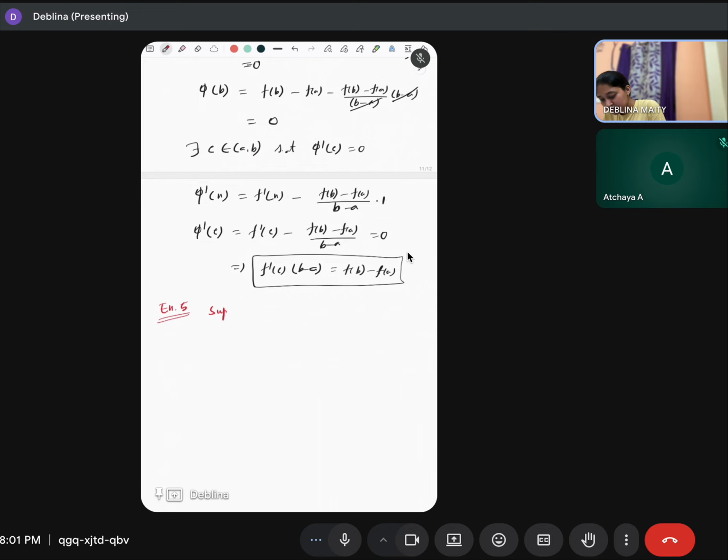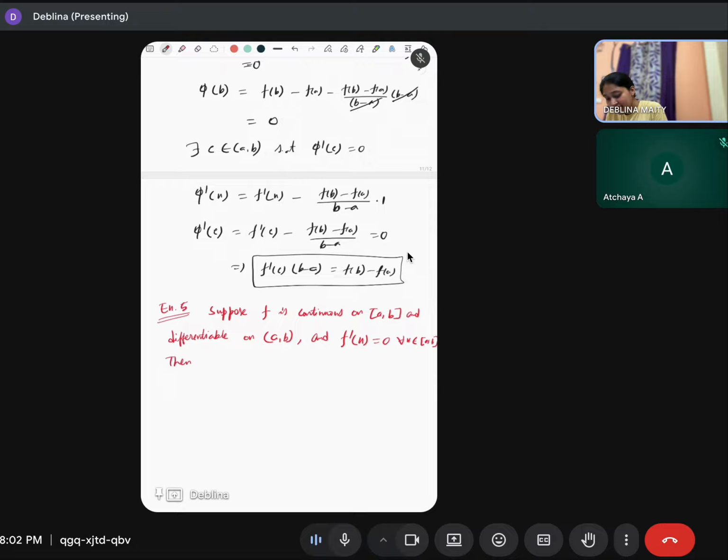Suppose f is continuous on closed [a, b] and differentiable on open (a, b), and f dash x equals 0 for all x in (a, b).